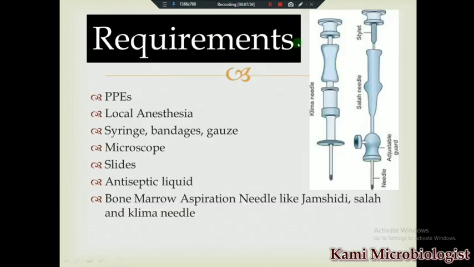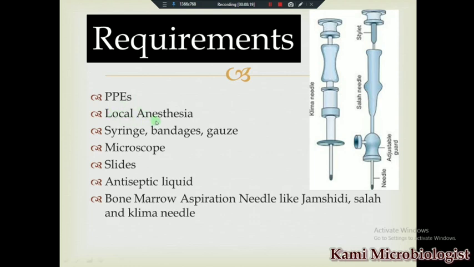Now let's see what we require while performing that test. First, we require personal protective equipment, which is really important. In personal protective equipment we use goggles, gloves, overall, cap, and mask.